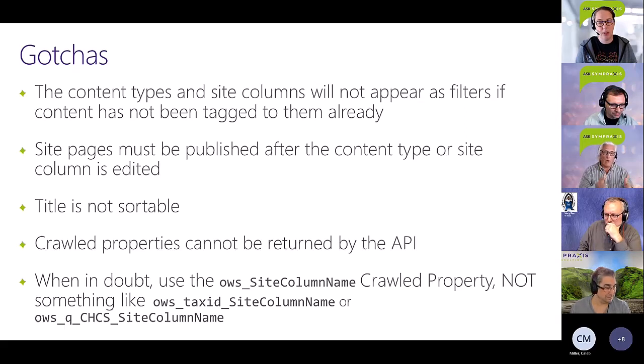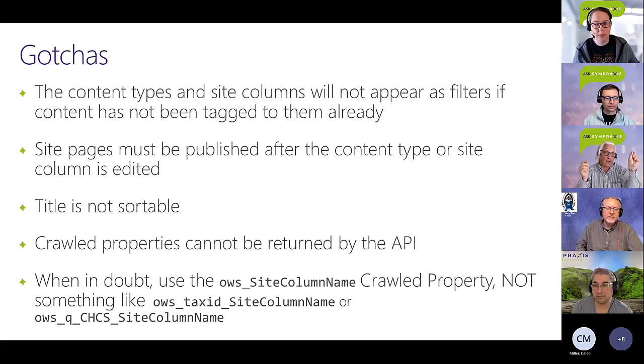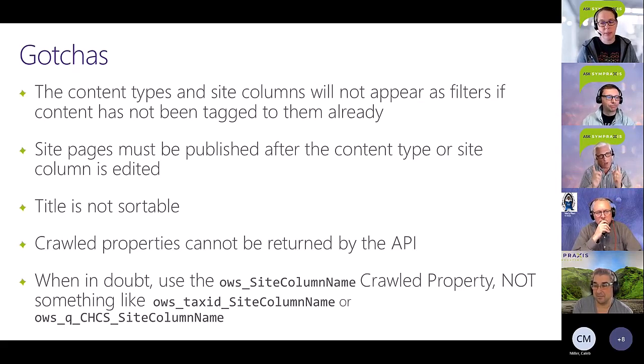Depending on the column name, there are different versions of those crawled properties, which represent the more complex value. So for instance, the taxId one is for managed metadata. It includes the GUID and the text and stuff. You don't want the GUID in the text. You just want the text for your filters and things like that. So that is what you would want to use. I see people running into this all the time: I've mapped it, and why isn't anything working? Well, because you've chosen the wrong thing to map. It's easily fixed, but it's frustrating when it happens.